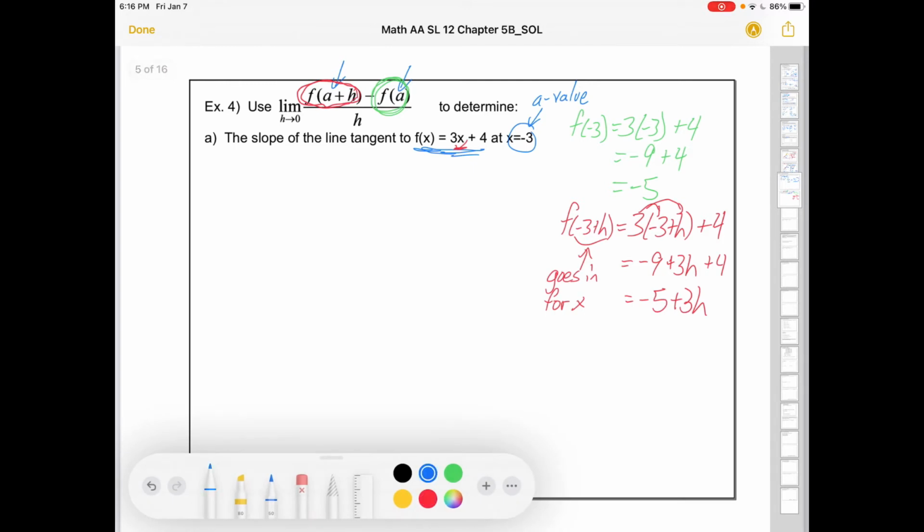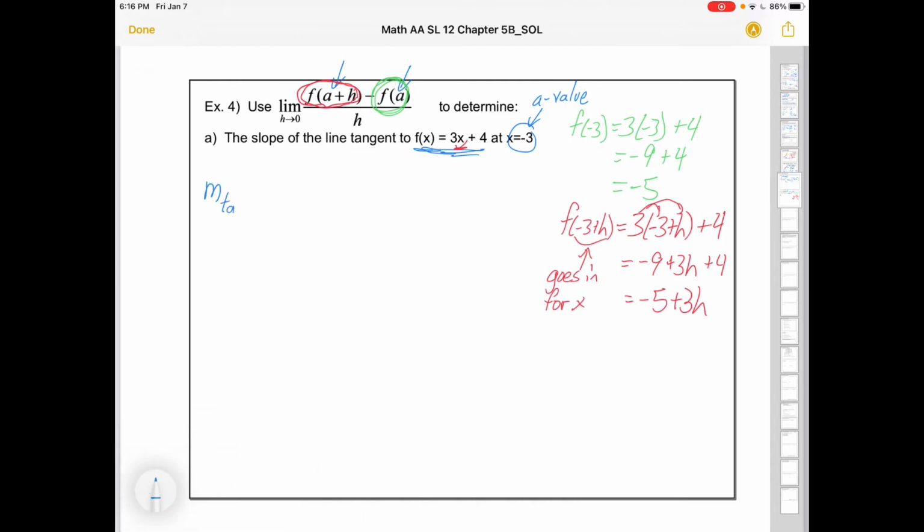And that's going to go in for this expression. So I'm going to take a second and just write that what we're looking for is the slope of the tangent at x equals negative 3. That means we're going to need the limit as h goes to 0 of f of negative 3 plus h minus f of negative 3. That's like our a value, all over h. At this point, we just sub them in.